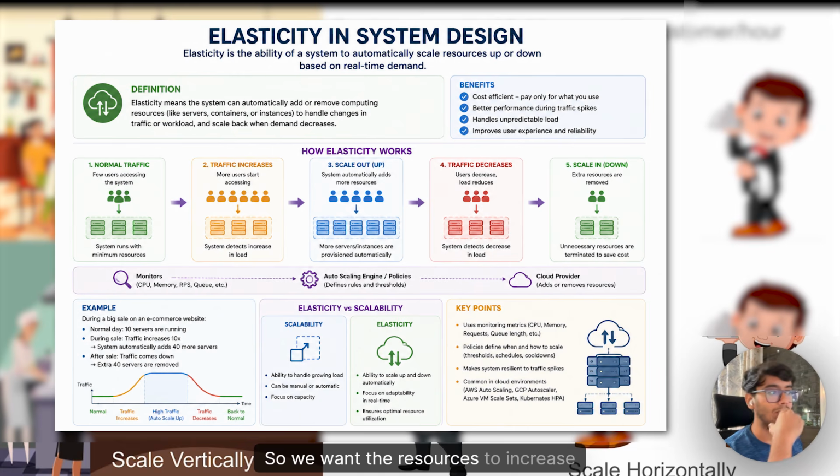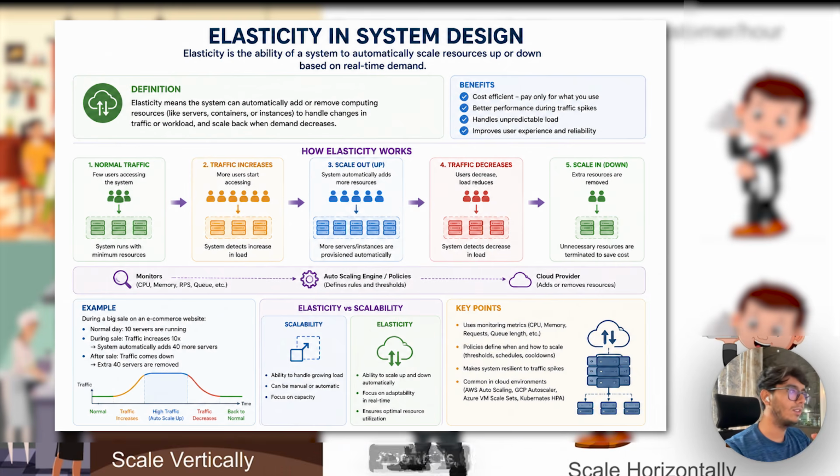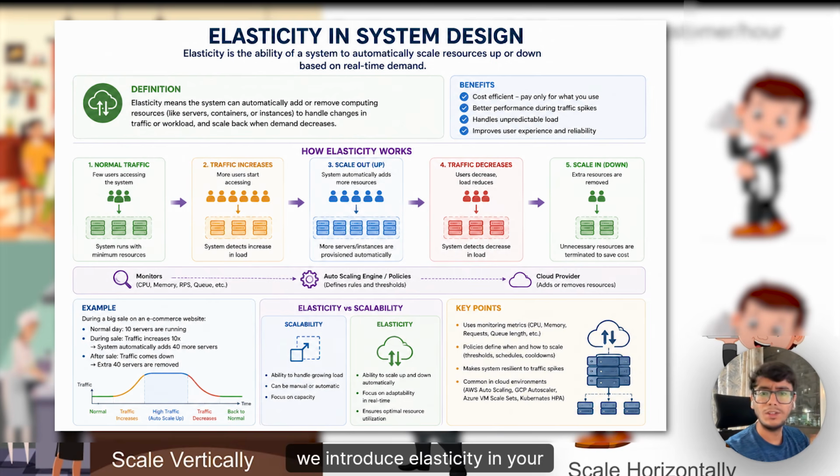So we want the resources to increase automatically, and this is how modern systems actually work. I mean, you configure them so that they can grow and shrink automatically. You don't need to always kick in and scale manually, either vertically or horizontally. So this is how we introduce elasticity in your system.